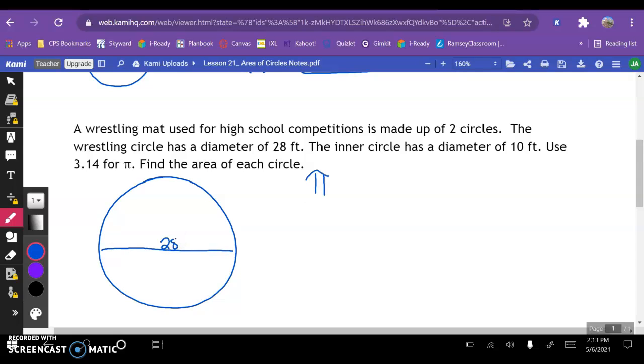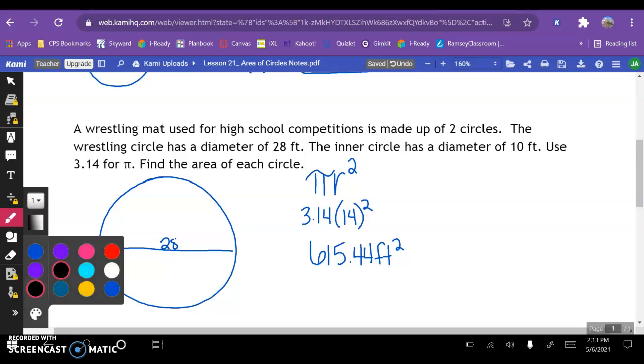So we are going to do pi times the radius squared, so 3.14. And if the diameter is 28, radius is half of that, so radius would be 14. So 3.14 times 14 squared is 615.44, and these are feet squared.